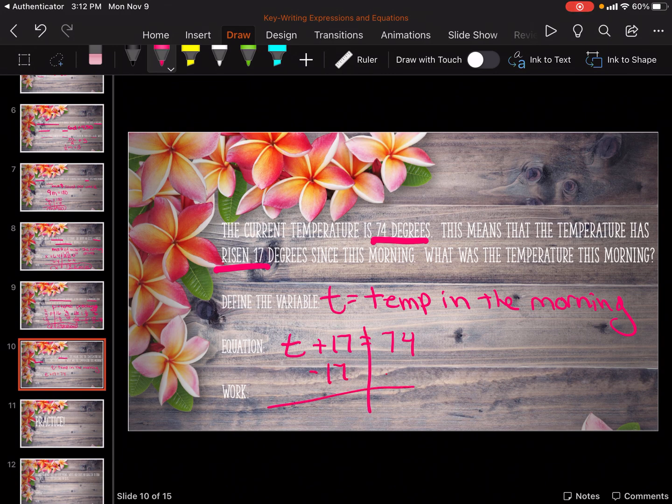So do the inverse and subtract 17. Okay, we need to borrow. The temperature is 56 degrees. You can just put the degree sign behind it. Okay, now go ahead and practice these ones on your own.